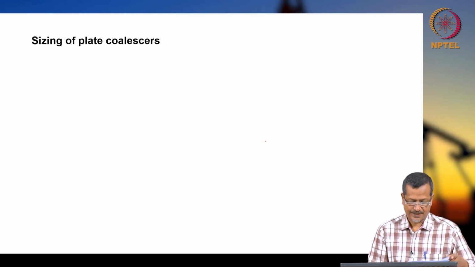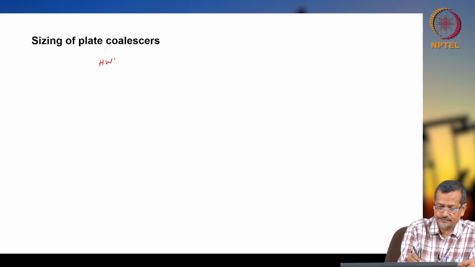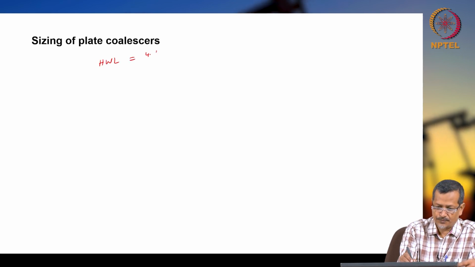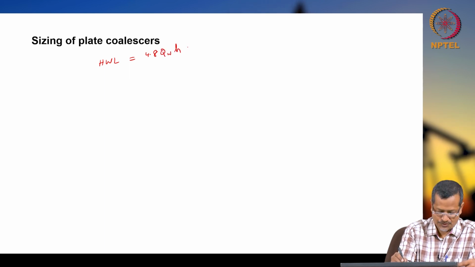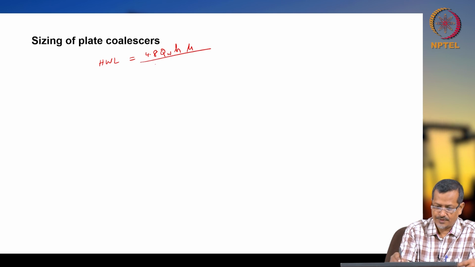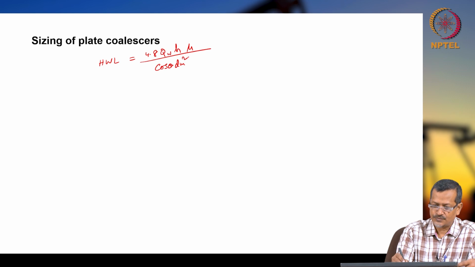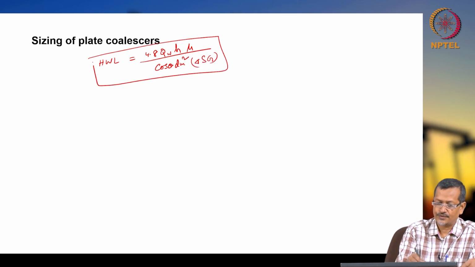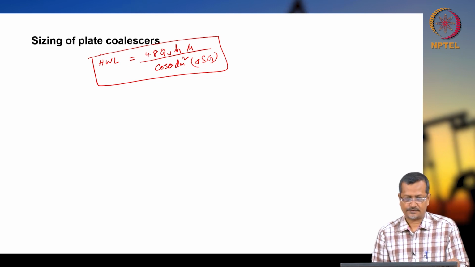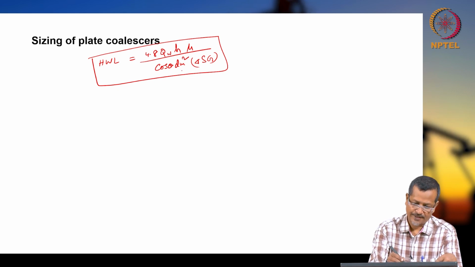Now, the coalescer sizing equation. HWL equals 4.8 QWH mu divided by cos theta dm square del S. We'll try to see what this equation is. dm is the oil droplet diameter, in micron, as you already know.